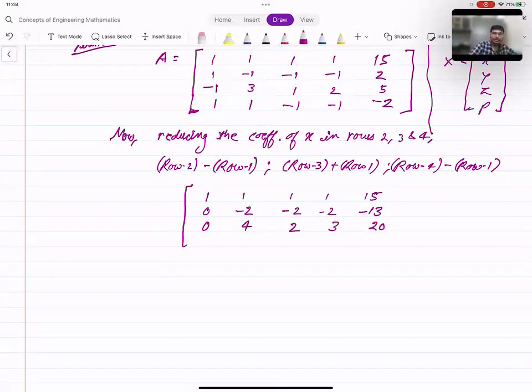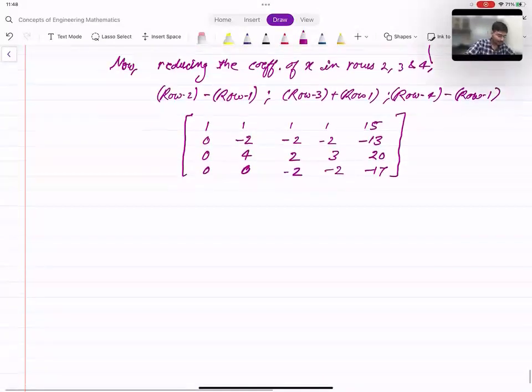And in the last row, this will be subtracted: 0, 0, this is minus 2, this is minus 2, and this becomes minus 17. So here we have completed the first step, that is, we have reduced the coefficients of x in rows 2, 3, and 4.